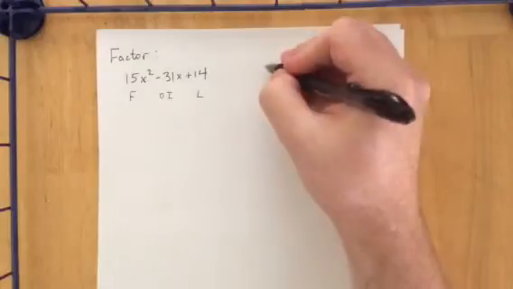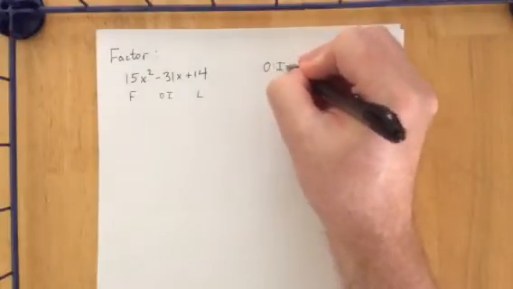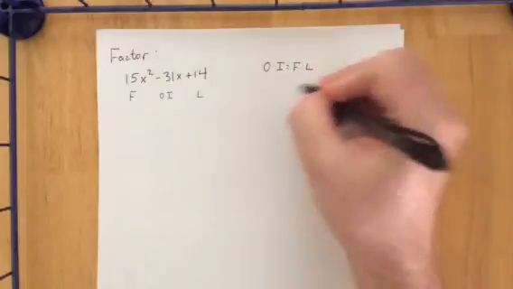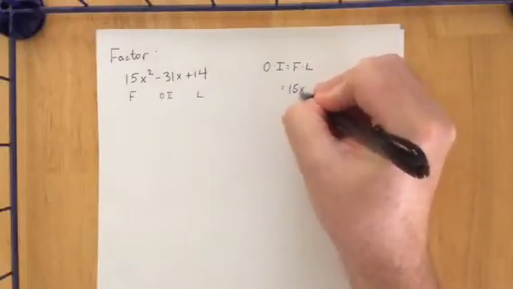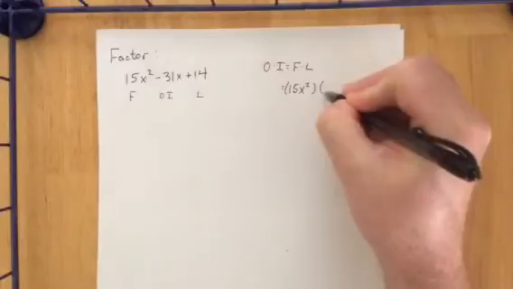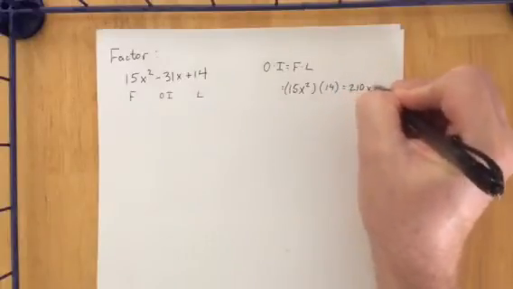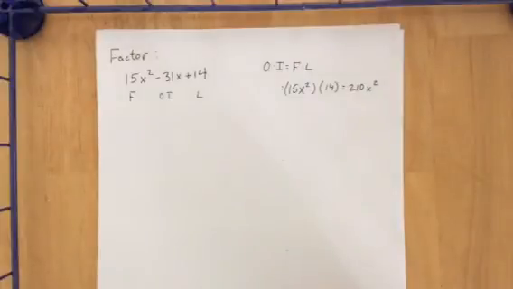So let's go to it. I know that O times I is going to be the same as the first times the last. First times the last in this case is equal to 15x squared times 14. So in this case that would be 210x squared.